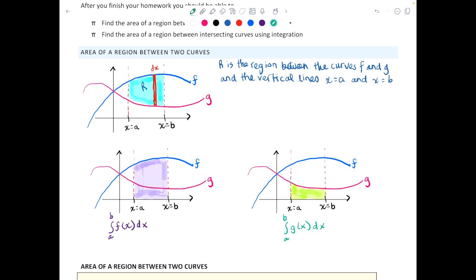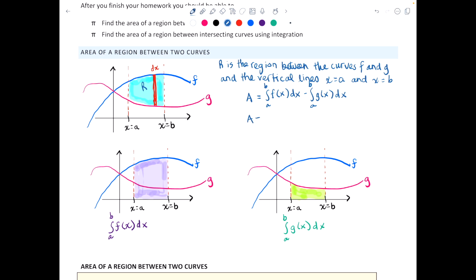And so the area of our blue region will equal, A is for area, the integral from a to b of the purple, which is f at x dx, minus, my bad, the integral from a to b of our green region. That makes our green region.